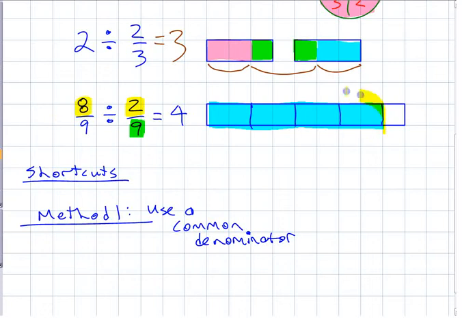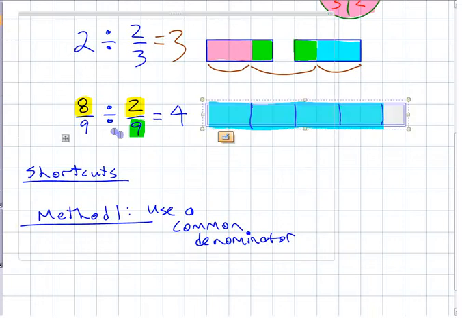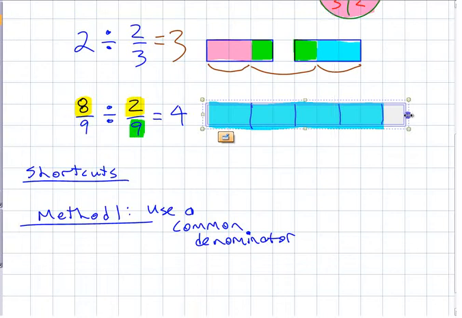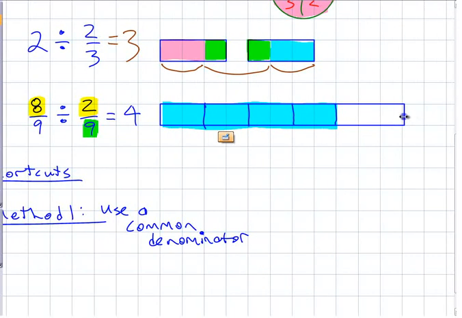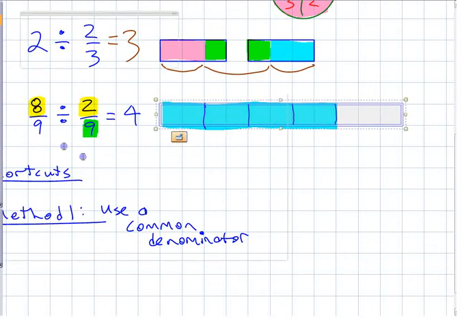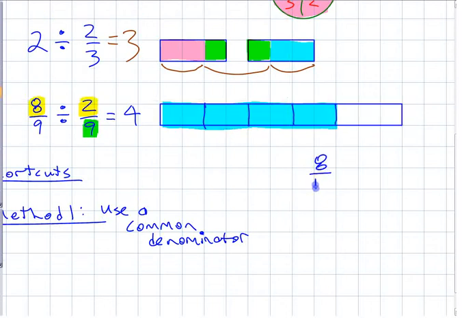Because if you have 8 of these things and you want to know how many 2's you can make, does it matter how long this rectangle is? Does it matter where I stopped with this rectangle? If I have 8 of something divided by 2 of something, wouldn't that be the same as if this was 11ths or something like that? What if I had 8 11ths divided by 2 11ths? What's the answer to that going to be?